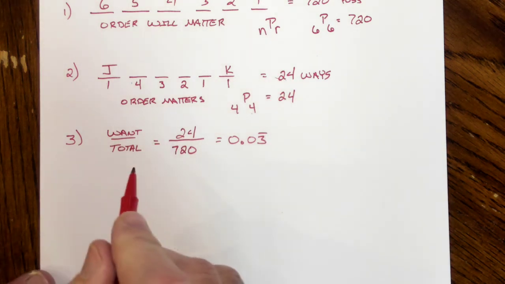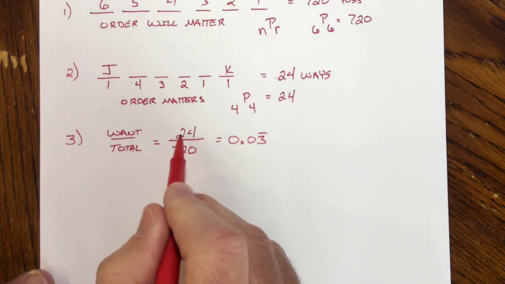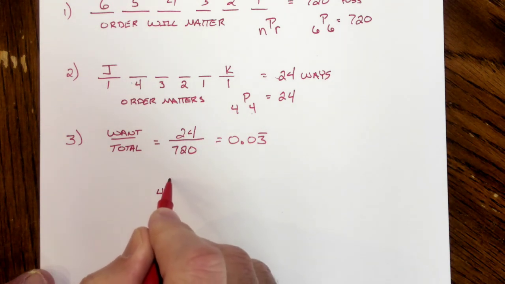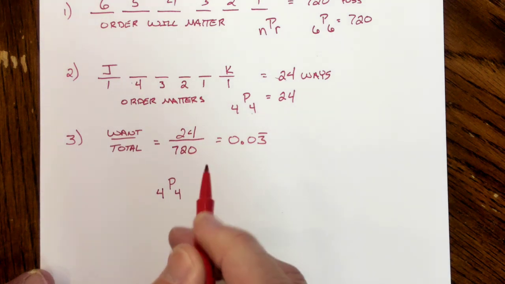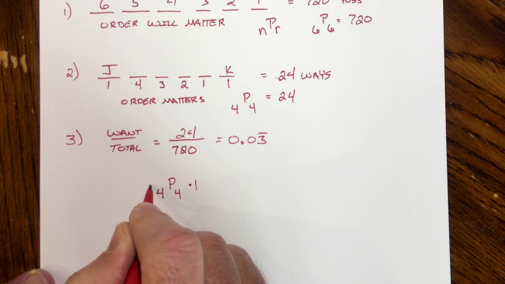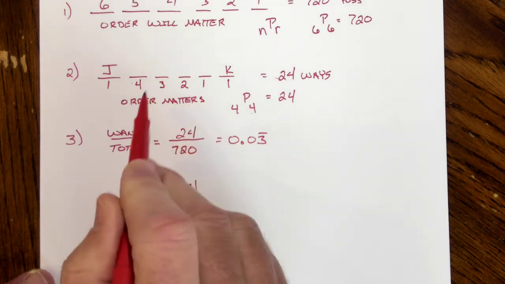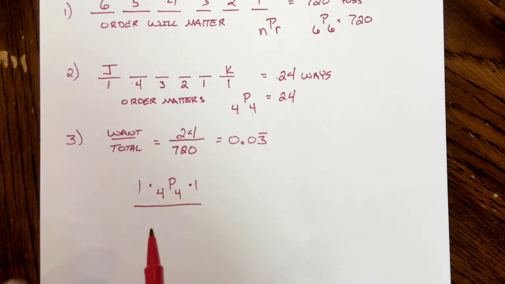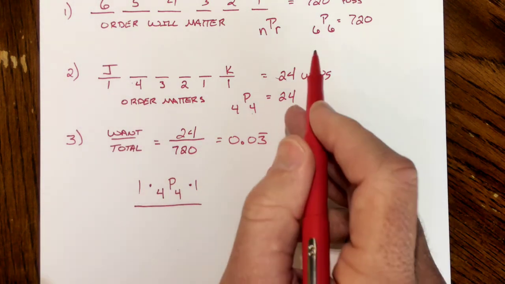So what do we have? Desired. We want those 24 ways, so what did we do? We did 4, if you want to get technical, times 1 times 1. That's that middle ground that we were figuring out here. Most of you probably won't put that on there. Over, how do we figure out our total possibilities?